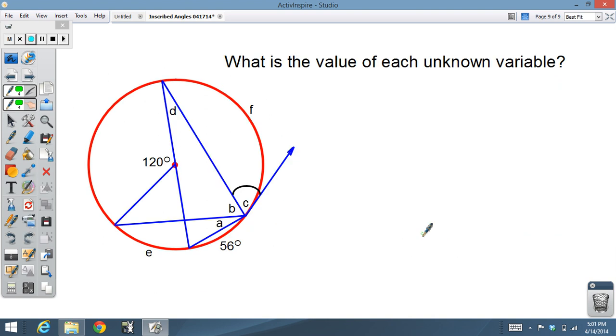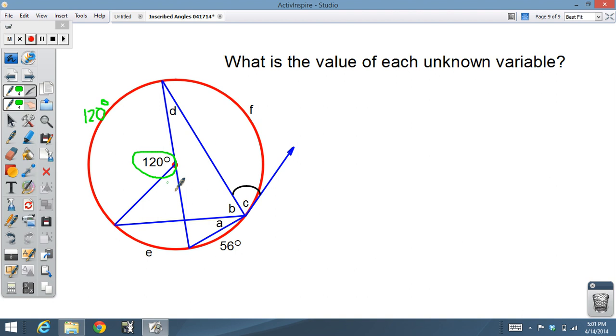All right, so the kinds of problems we're going to get, I just threw one with all kinds of different tools here just to give you an example of what might happen. So find the value of each unknown variable. I see A, B, C, D, E, and F. Well, let's see, what do I know? Okay, let's go back to our central angle. Since they give us a central angle of 120 degrees, I know this arc must be the same 120 degrees.